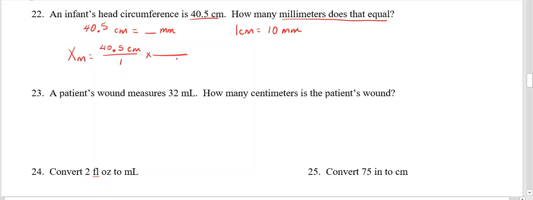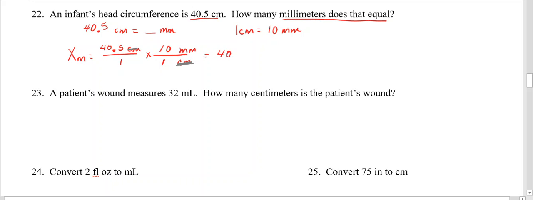So since centimeters is on top, centimeters will go to the bottom, and millimeters will go to the top. So according to my conversion, it's 10 millimeters to 1 centimeter. And then I'm going to cancel my units of measure.